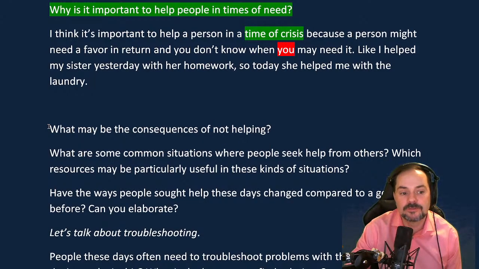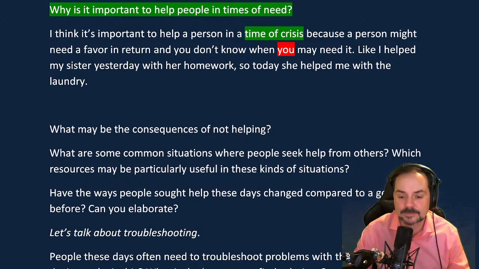Here we go. So here's a follow-up question, Harwinder. What may be the consequences of not helping? Well, the first consequence that comes to my mind is that you can lose your friendship, if that is a friend or an important relation, and it can also affect your full friend circle in the long term.